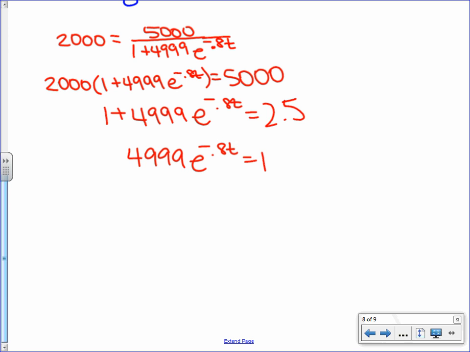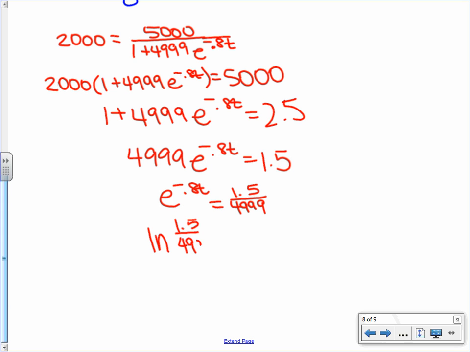Why is it 4,999? That's the model. There's a lot of calculus involved to come up with the model. Okay, now what? So I'm just going to write 1.5 divided by 4,999. You can do that in your calculator. And then we're going to rewrite this as the natural log of that number.